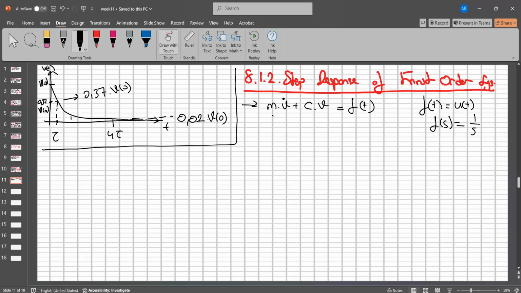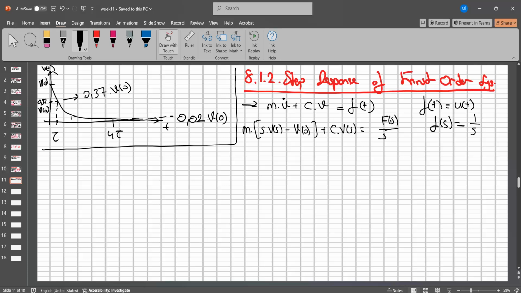Okay. So if we take the Laplace transformation of these terms, M(sV(s) minus V0), right, plus C V(s) is equal to what? 1 divided by s, right? And we can also write the F(s) value here, because F(s) is a constant value.